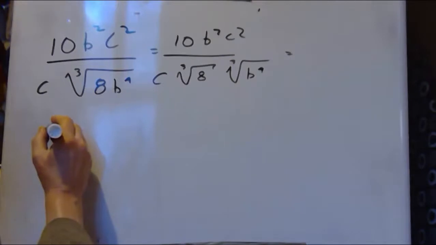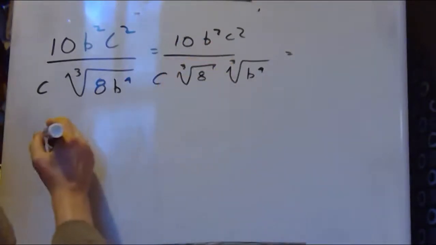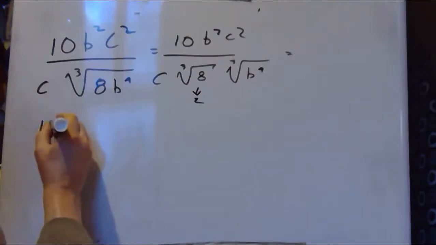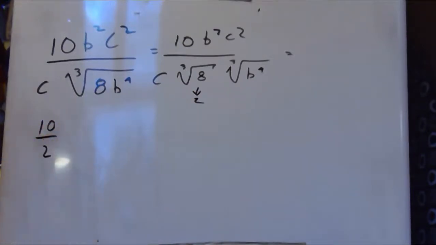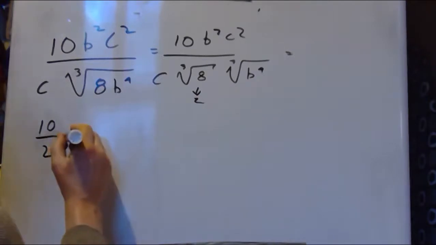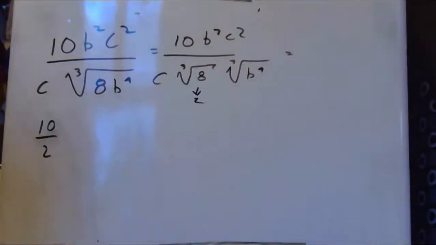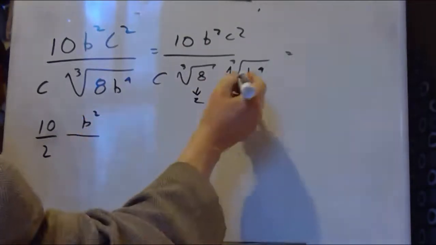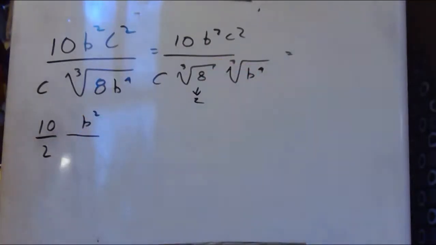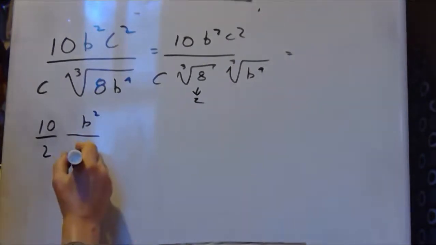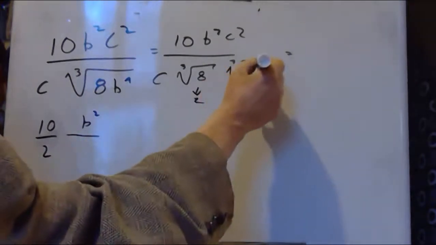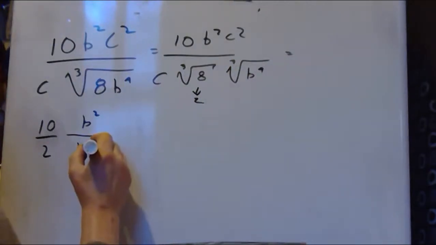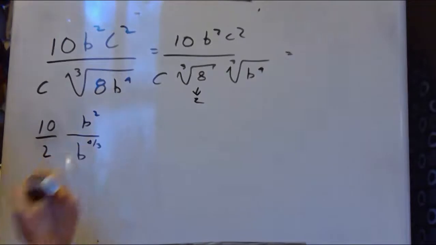So we'll put 10 over 2. Then let's look at the b's. For the b's, we have b squared. And we're going to rewrite the radical as a rational exponent so we can evaluate it more easily. So we have b to the 4 over 3.